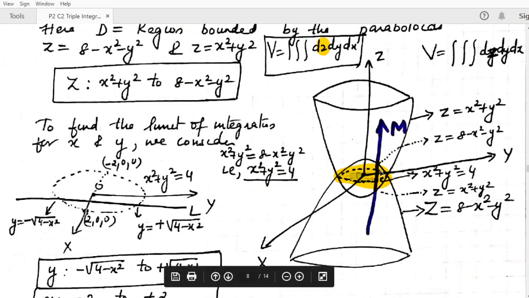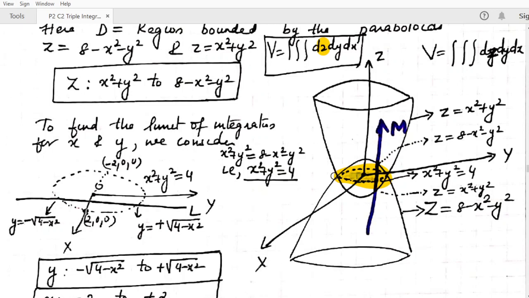So whenever we have a question to find the volume bounded by 2 paraboloids, then to find the limit of the remaining variables, we always have to find the intersection of these 2 paraboloids. The intersection of these 2 paraboloids will be the shadow, the projection of this region on the xy plane.